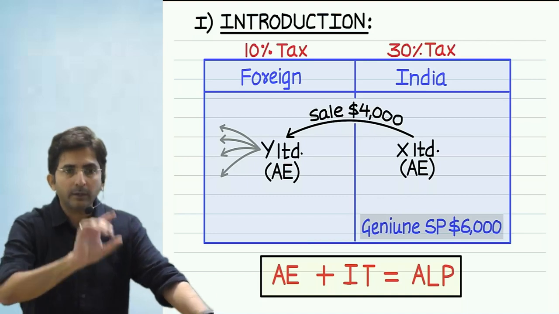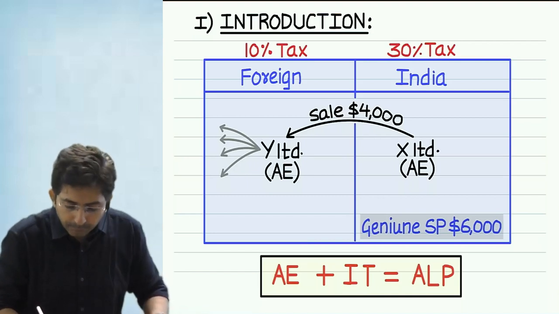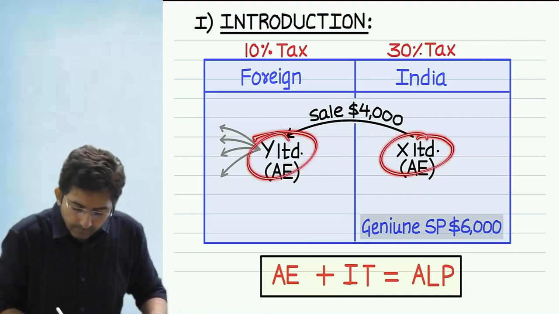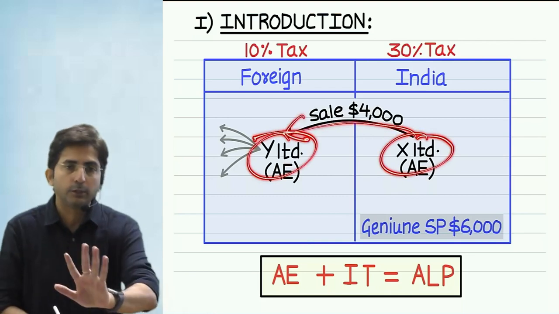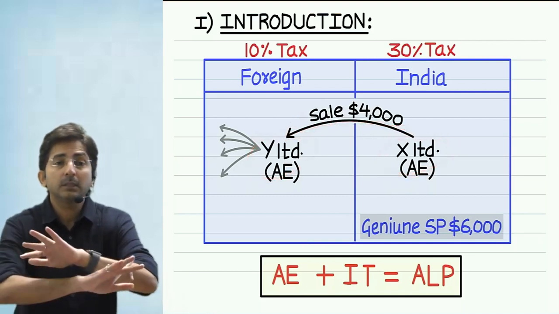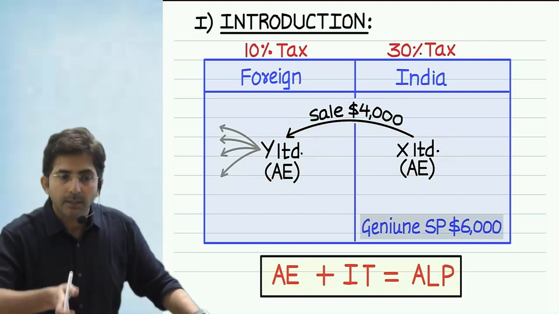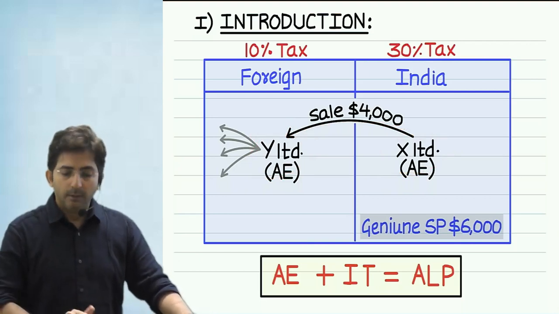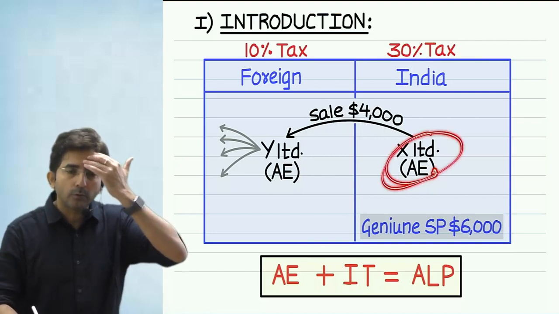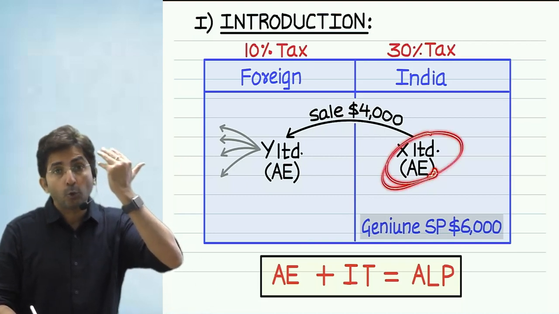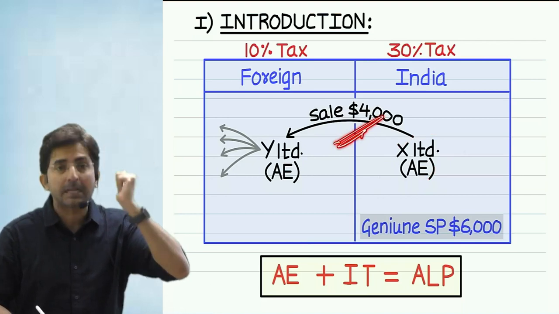And you know how it happens in real life? X Limited will transact at 4,000 during the year. But once the year is over, your year gets over on 31st of March. After the year is over, the assessee is bothered about what should be the true price of this transaction.